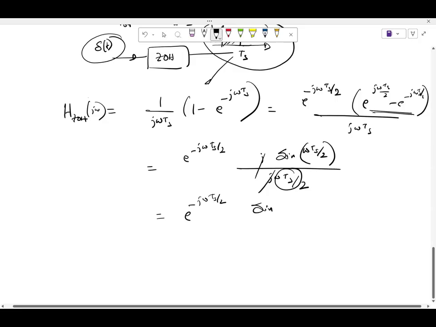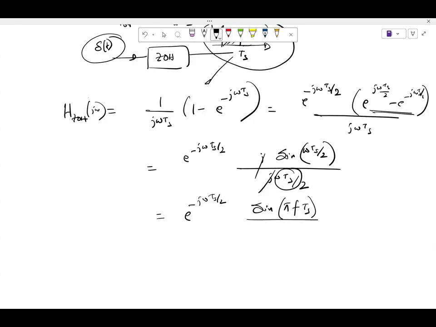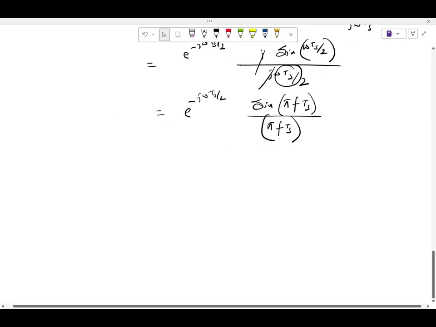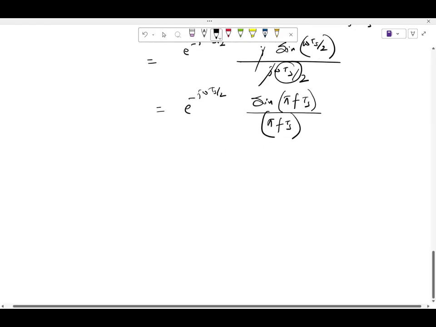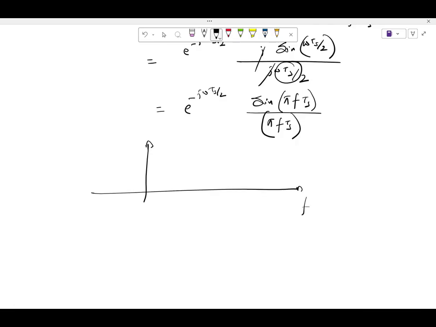So sine of pi f Ts by pi f Ts. Correct? So if I plot this with respect to f, what should I get? What should it look like?